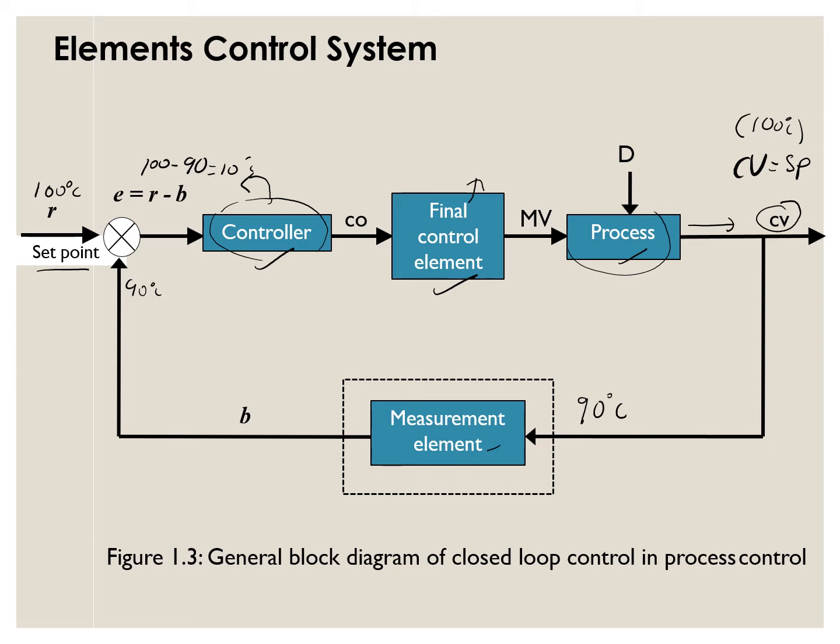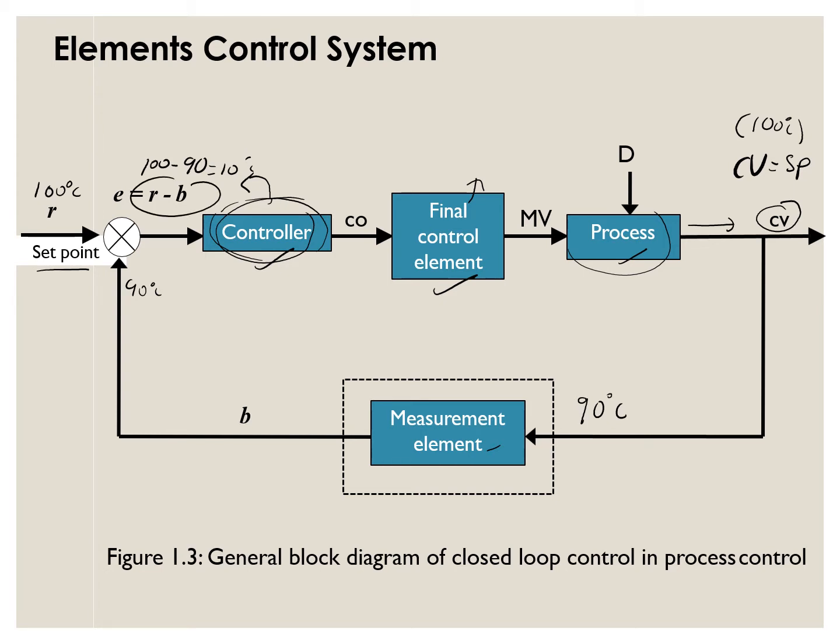If we use a valve as the final control element, it will ask the valve whether to open or to close, or to open 100%, or to open 70%, close 20%, depending on the decision based on the error calculation here.